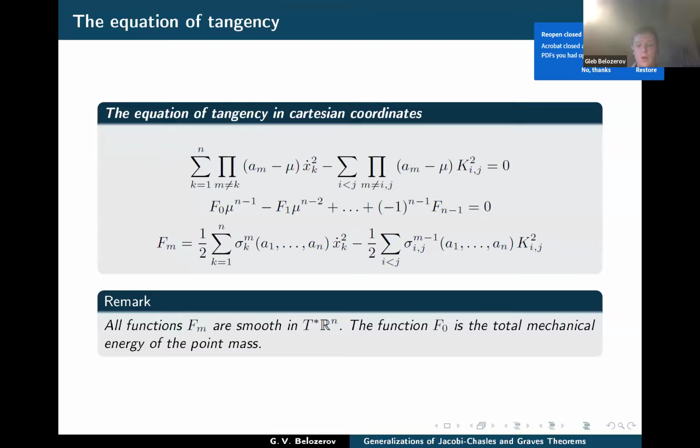Moreover, the function f0 is the total mechanical energy of the material point. And these functions have one main property.